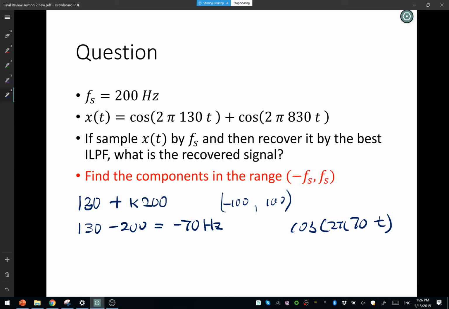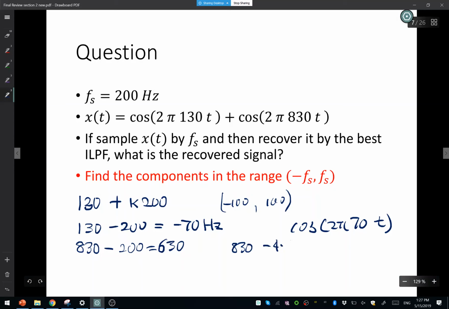And the second part is 830. So for 830 we first subtract 200. We got 630. This is still pretty high. So we keep doing this until we get 830 minus 4 times 200, which is 30 Hz.